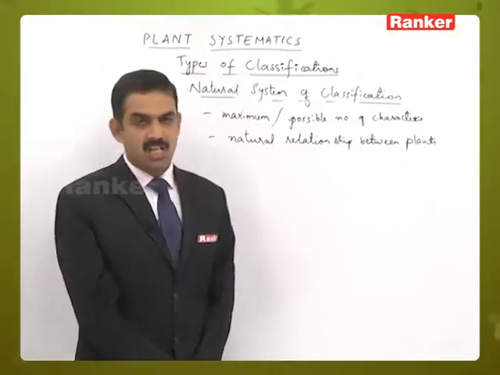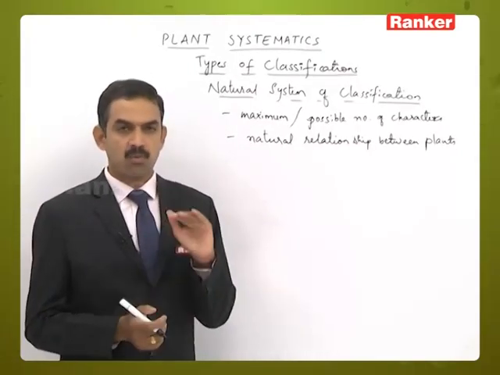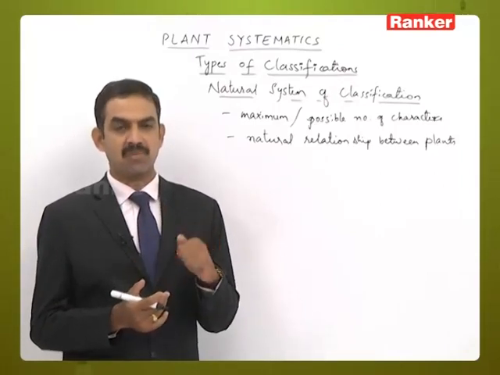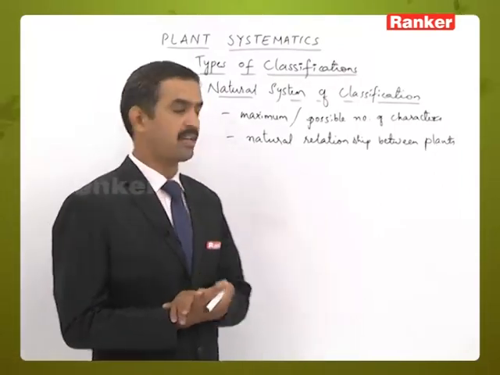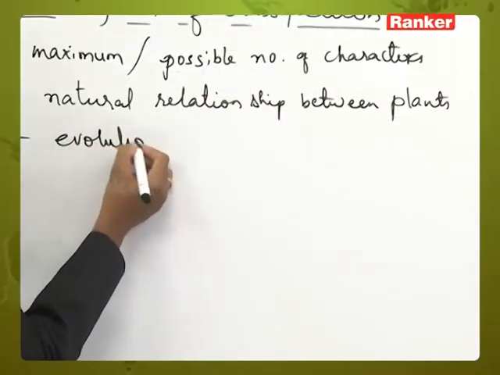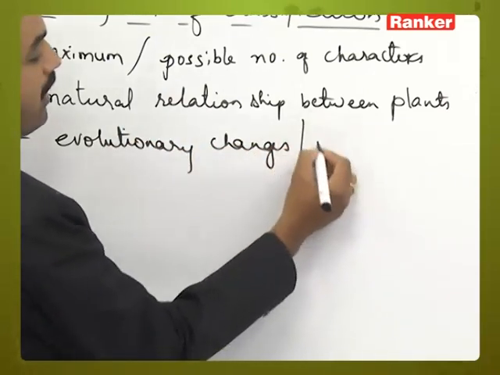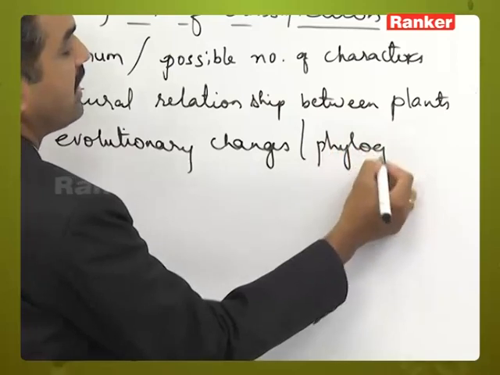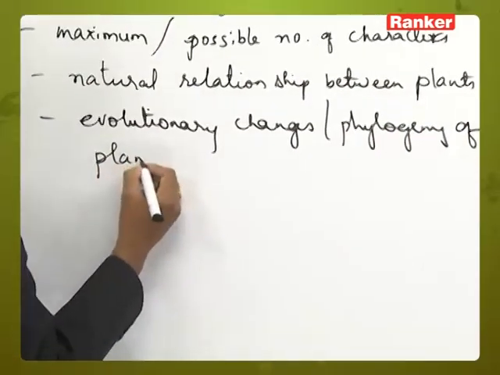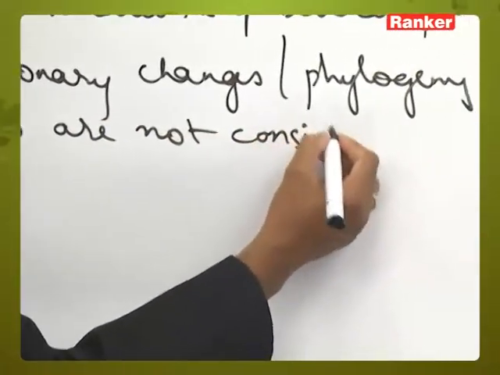So when we compare the artificial to the natural, we can say that the natural system of classification will give a somewhat better classification. It is not a perfect one, but better when compared to the artificial system. Here, evolutionary changes or phylogeny of plants are not considered for classification.